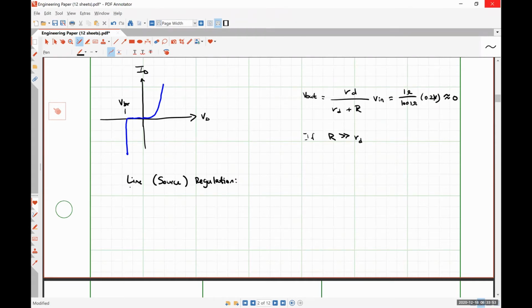So the line or source regulation, they represent the exact same thing, is the stability of the output voltage with respect to input voltage variation.